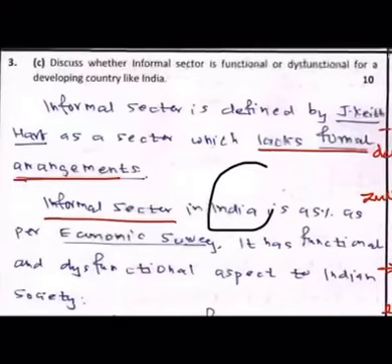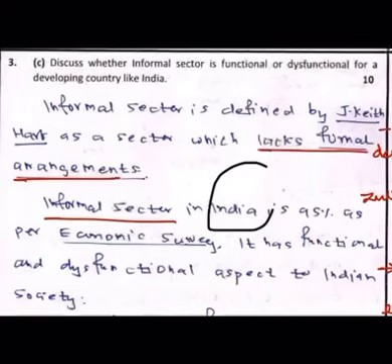But remember, even though it is the informal sector, I have tried to give the definition of informal sector from the point of view of a sociologist. So Keith Hart has explained the informal sector. So I try to include the name of the thinker so that it gives more of a sociological look, more of a sociological approach to the topic.